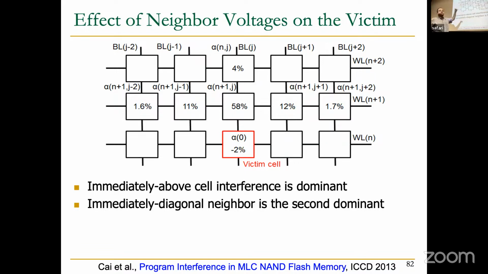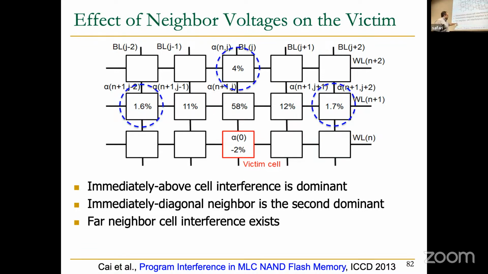The two above rows also have an effect. This is quite an important problem, because many neighboring cells, immediate neighbors or others with one indirection, can cause issues for the victim cells.